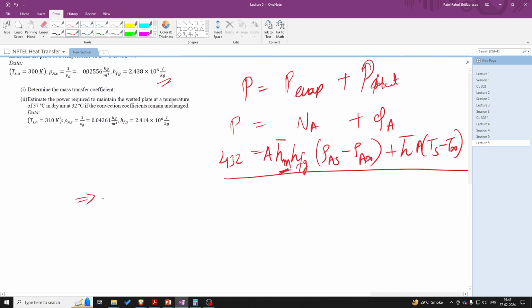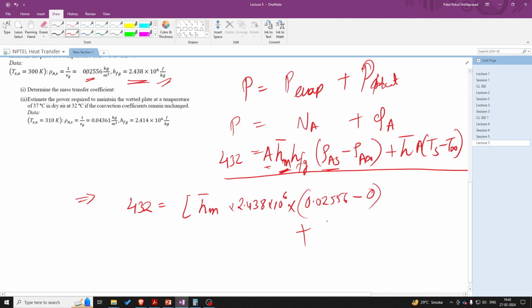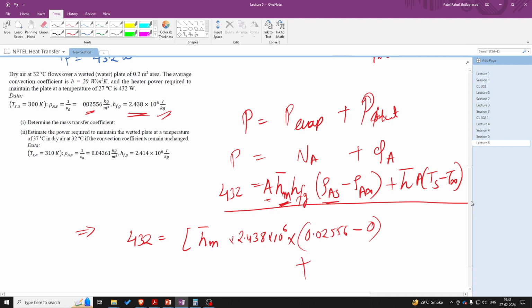If you replace all those values, we get 432 is equal to, let's keep the area as common, h-bar_m is unknown, h_fg is given as 2.438 times 10 raised to 6, times the concentration at the surface, which is given as 0.02556 minus 0, plus the heat transfer coefficient, which is given as 20.